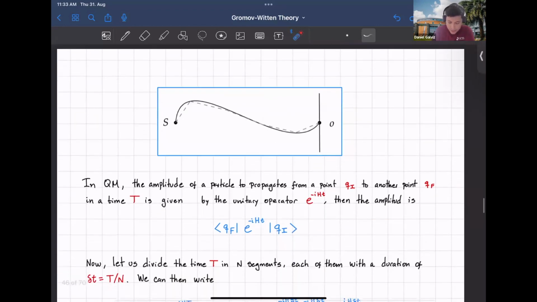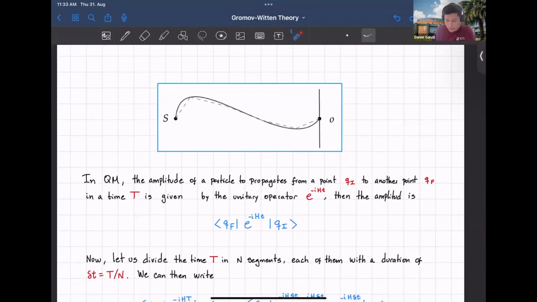Okay, so in quantum mechanics, the amplitude of a particle to propagate from a point q_i, i for initial, to another point q_f, f for final, in a time t, is given by the unitary operator. This is a state in quantum mechanics. I'm using the Dirac notation, but this is a state that lives in our Hilbert space.